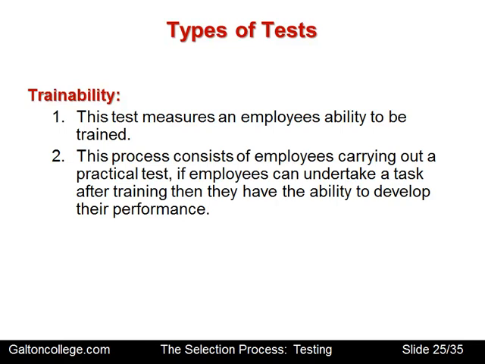So this one could be employees carrying out practical tests. And if they can undertake the task after training, then they have to develop the ability to develop their performance. So it might be a practical test, asking the candidates to watch a certain sequence of processes and then reproduce them, or problem solve.